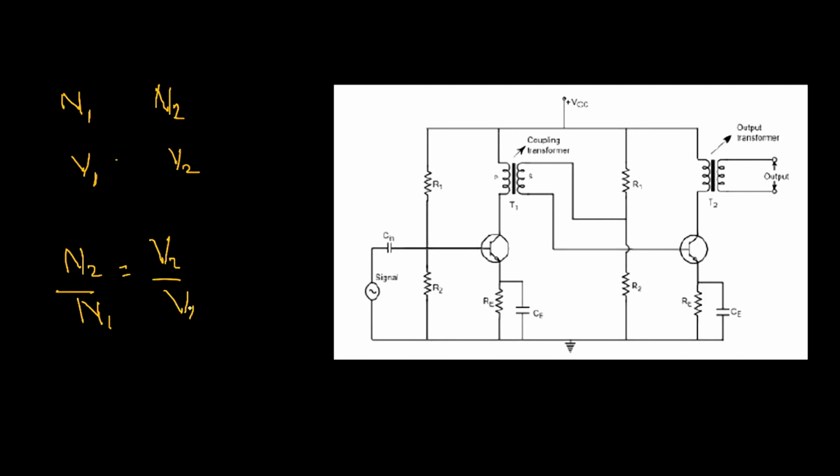So transformers can already be used for amplification, and in addition to that, they are also used to couple these two transistors. Like you can see, there is just one source voltage here. There is a transformer to help us in coupling, and there is an output transformer to help us in amplification even more. So this is the most ideal coupling scenario because it helps us in getting maximum amplification.